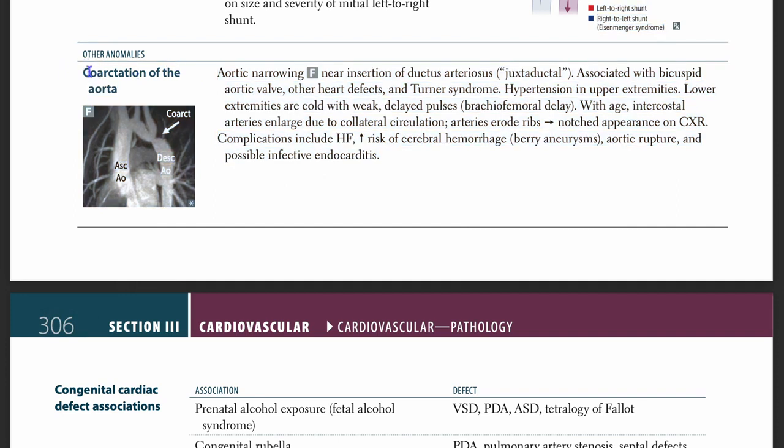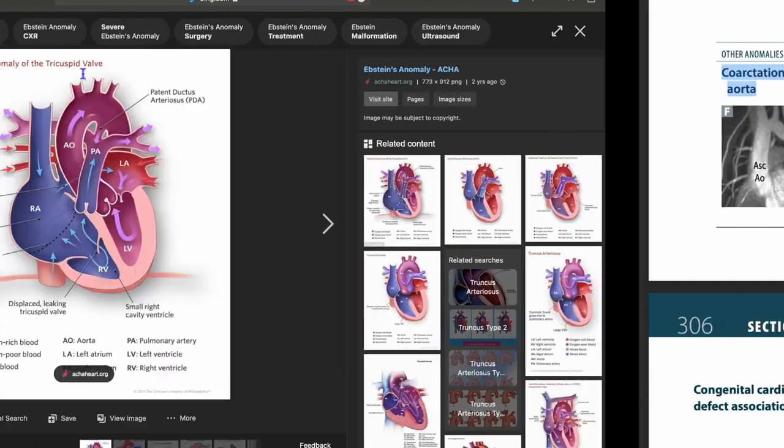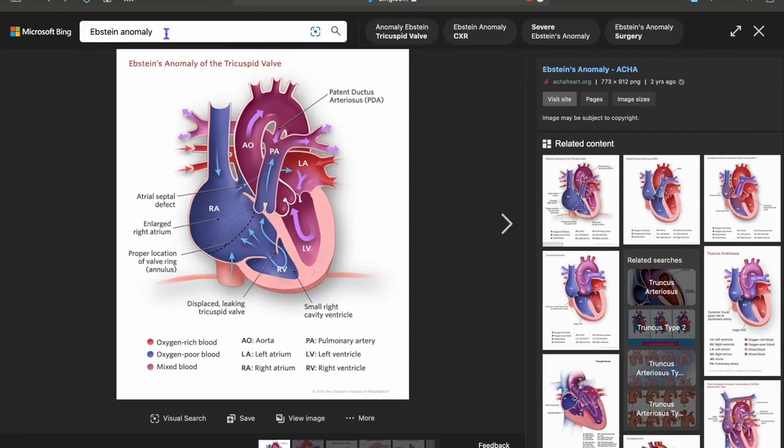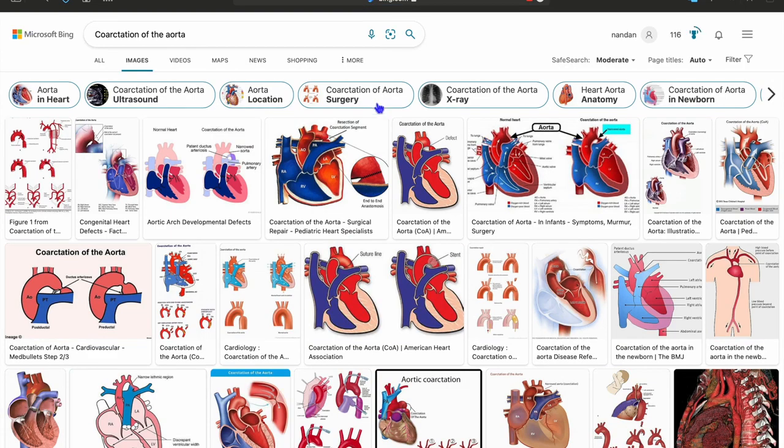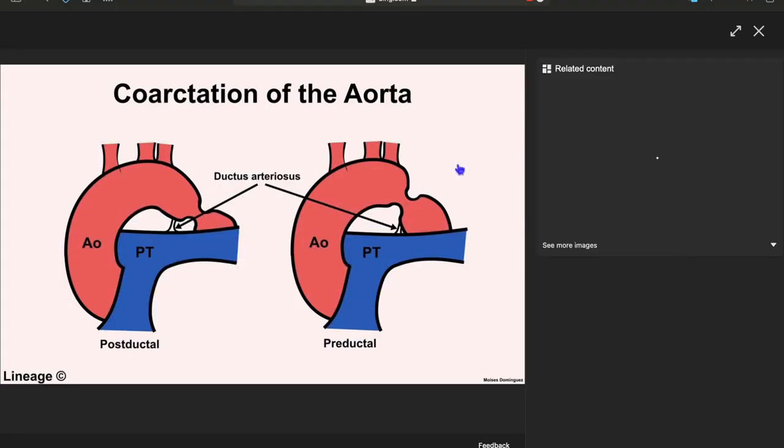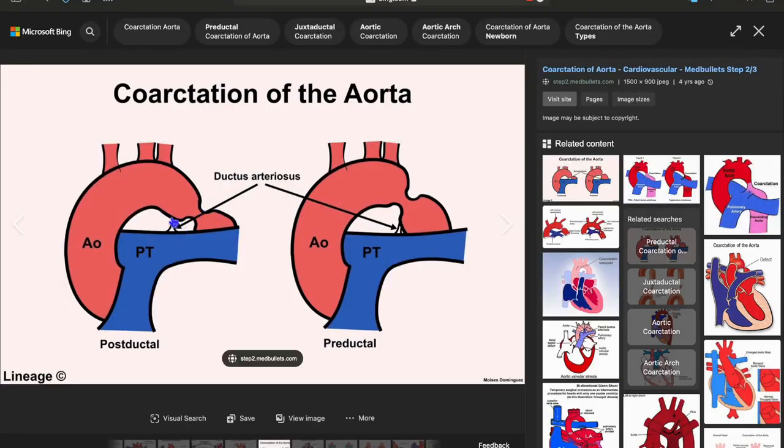So again, this is an important topic, coarctation of the aorta. Aortic narrowing happens, right? So that's this thing right here. Let's see the photo for this. Okay, so ductus arteriosus is here and coarctation is happening here after it.